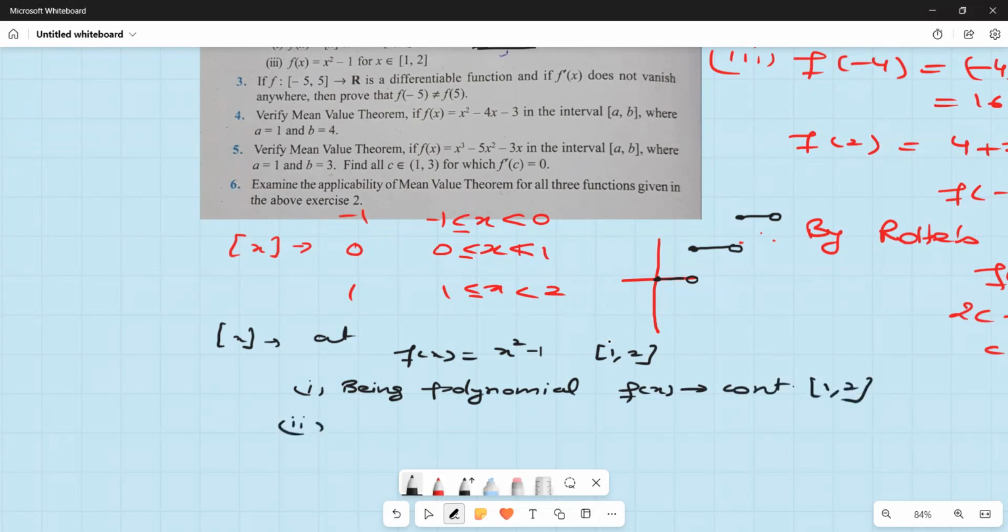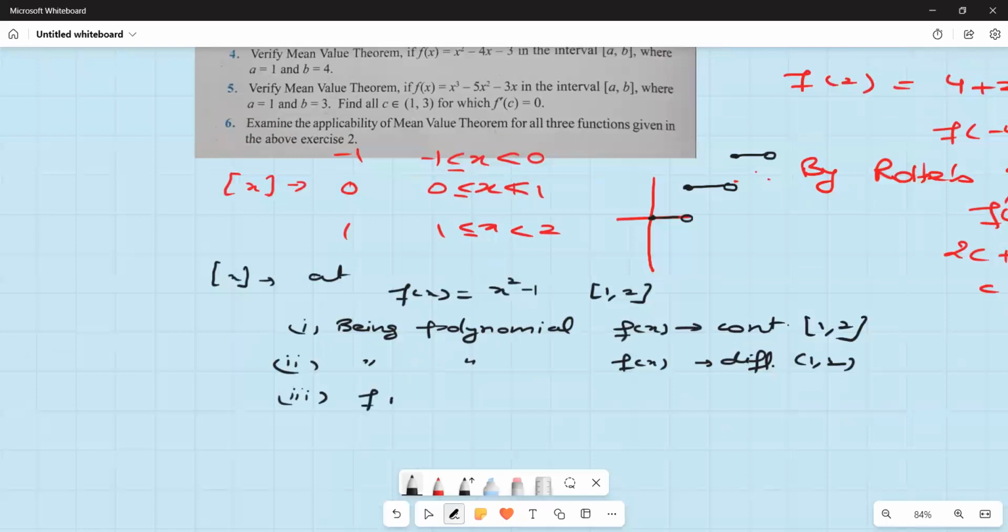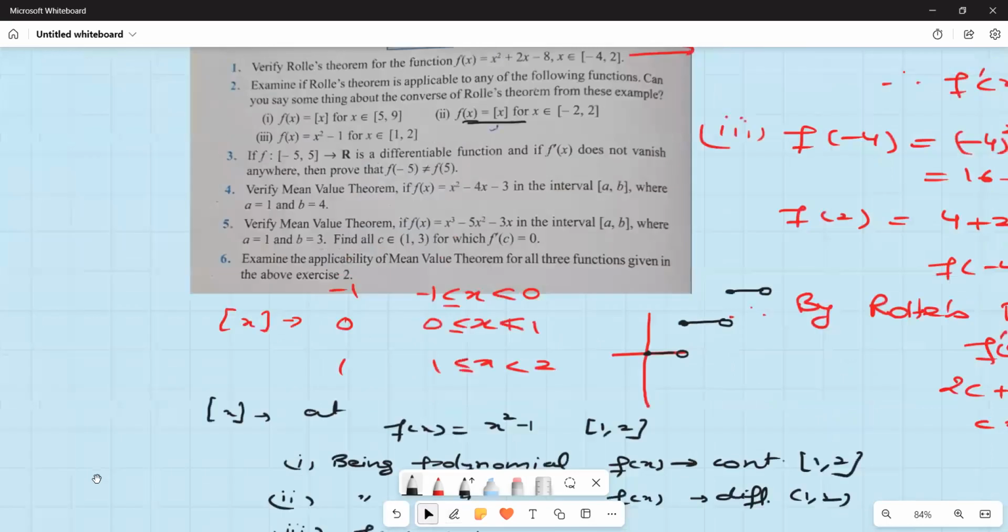Second condition, being polynomial, f of x is differentiable in open interval (1, 2). Then third condition, f of 1 is 1 minus 1, which is 0, and f of 2 is 4 minus 1, 3. So as f of 1 is not equal to f of 2, therefore Rolle's theorem is not applicable over here. Clear? Rolle's theorem is not applicable over here.